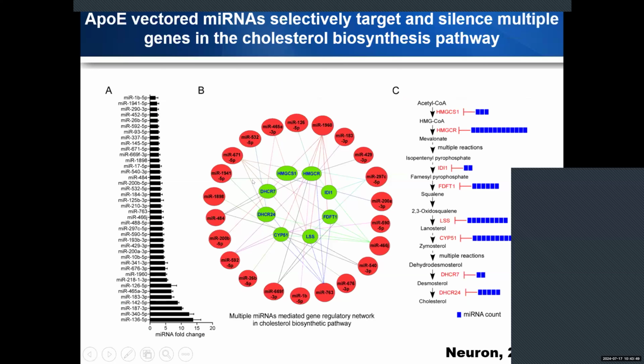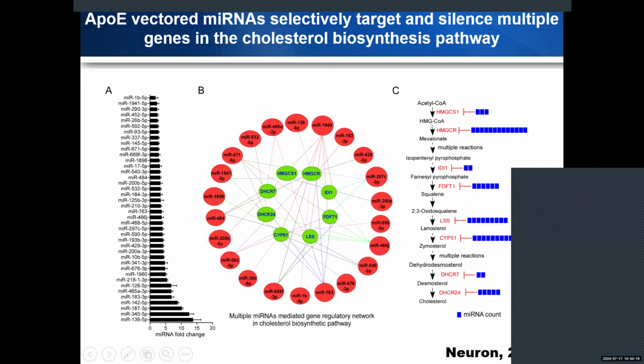We analyzed what kinds of microRNA are inside the ApoE particle. We did RNA-seq and found many microRNAs in the ApoE particle, about 100 different microRNAs. Then we used a target analysis method. We found different microRNAs have different targets, but many different microRNAs can target similar targets, like the enzymes in this pathway.